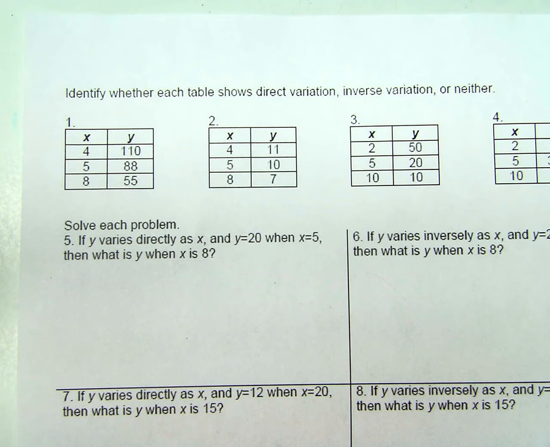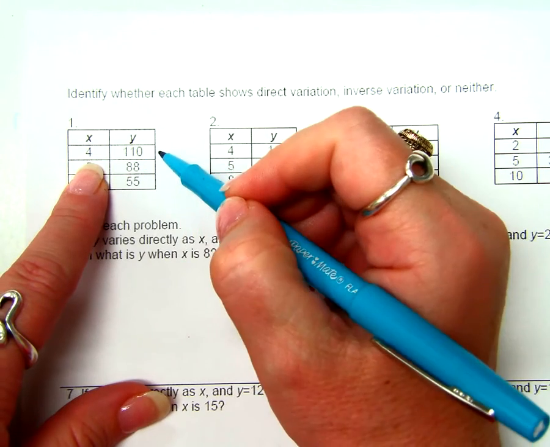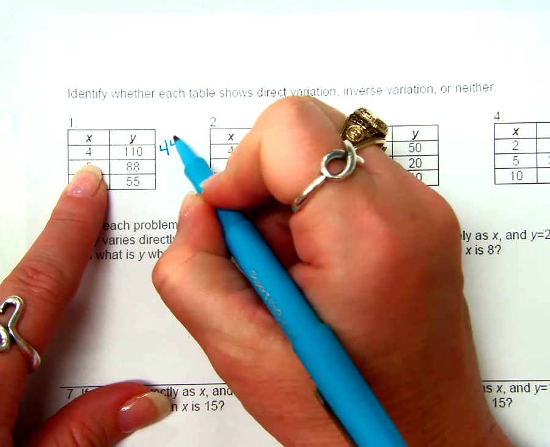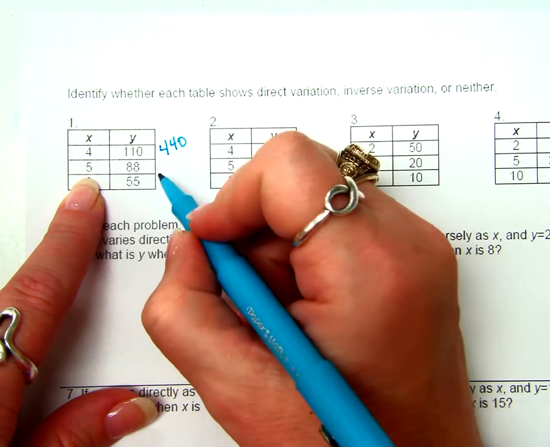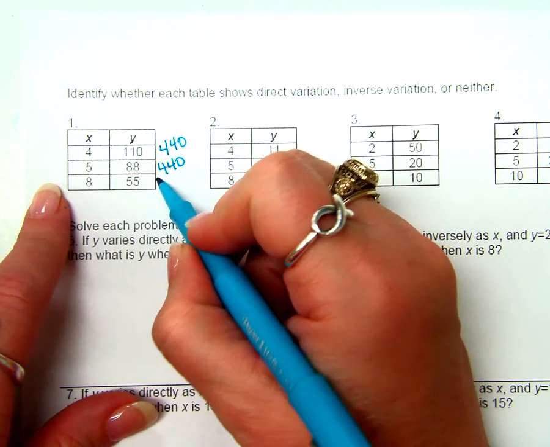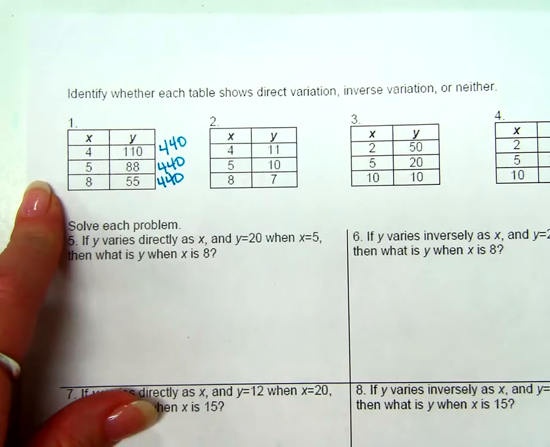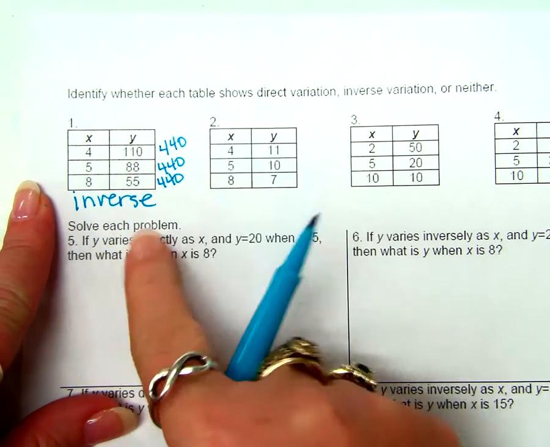But for it to be inverse, I have to have a constant product. 4 times 110? 440. 5 times 88? 440. 8 times 55? 440. So what kind of variation is this? Inverse.